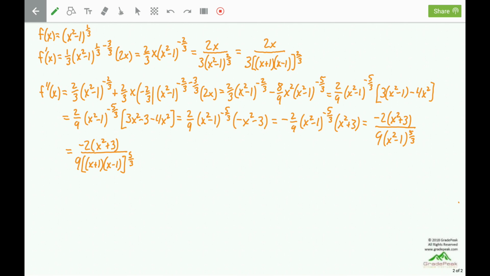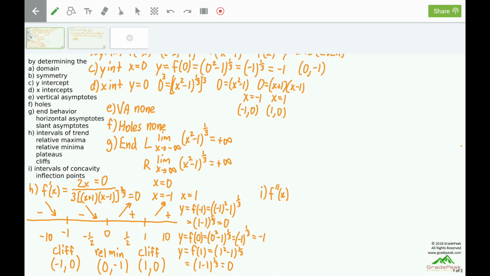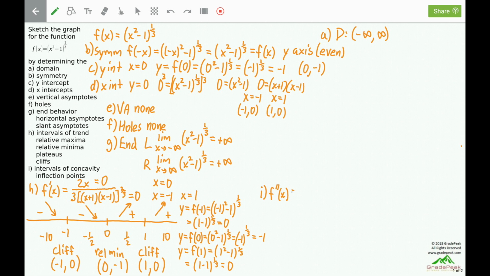We can now put this in for our version of the second derivative. So we had a -2, x squared plus 3, a 9, and then an x plus 1, an x minus 1, and the entire thing to the 5/3 power.